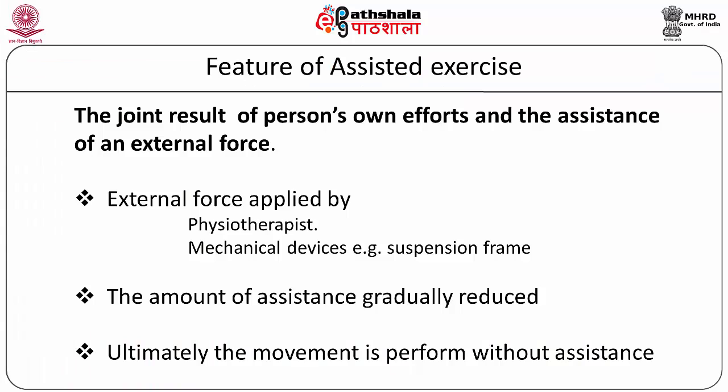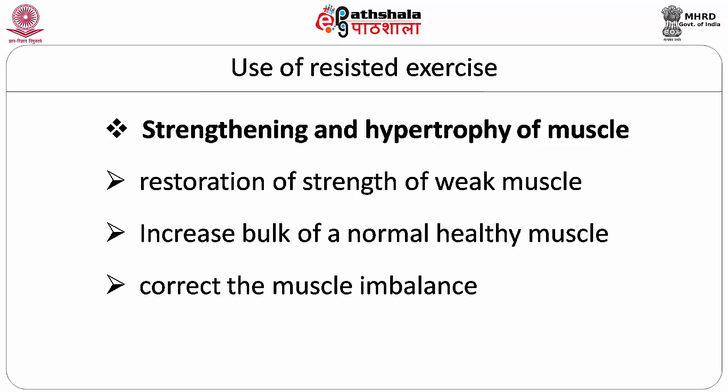Now we shall talk about the effects of assisted exercises. Assisted exercise is used in the very early stage of strengthening of very weak muscle. Active voluntary contraction of muscle contributes to strengthening of muscle. As muscle starts gaining strength, the amount of assistance applied is gradually reduced, and ultimately the person is able to perform the movement without any assistance.